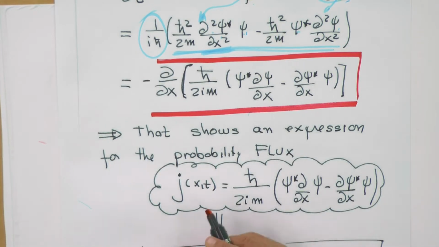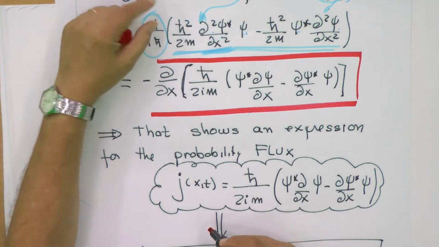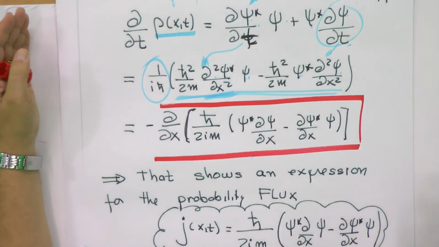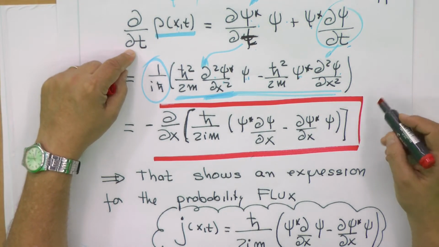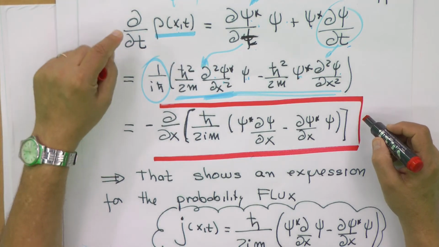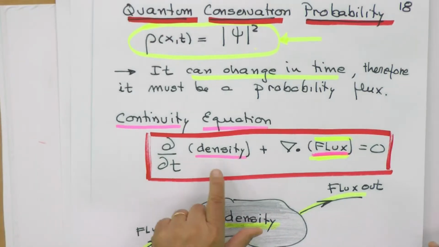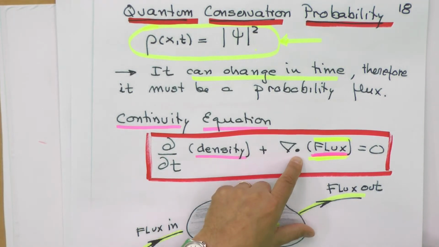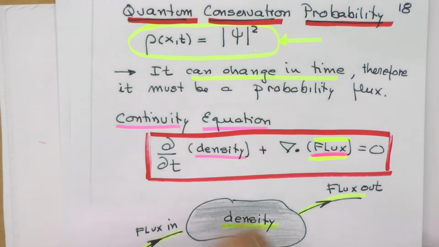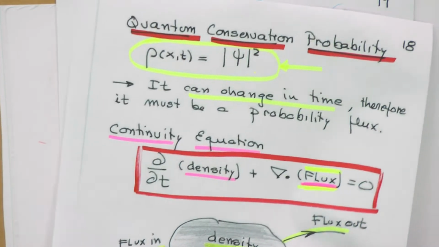But if you remember, by the continuity equation, if probability is preserved, which we believe it is, the time derivative of the density should be minus the divergence, which I put here because it can be general in 3 dimensions, but in 1 dimension it's just the x derivative of the flux.